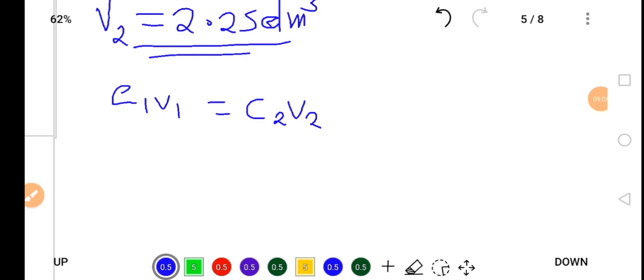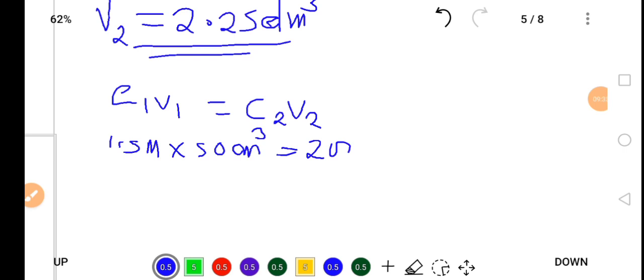Concentration is 1.5 molar, and the volume is 50 centimeter cubic. No need of converting units, my dear learners. And the final volume will be 200 centimeter cubic. The concentration 2 is not known. This is what we are looking for.